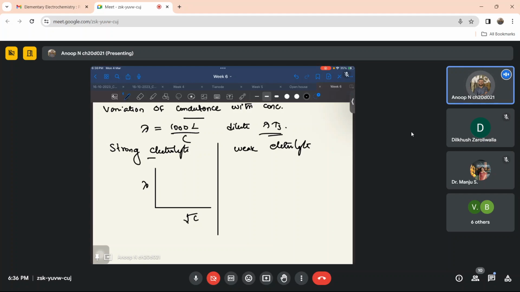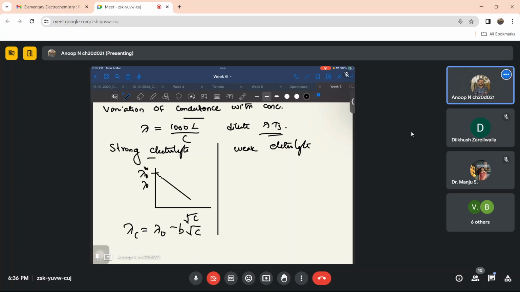As you already told, lambda increases with dilution. It will be a straight line like this, a linear one. If we extrapolate it to the y axis, we will get lambda 0, that is lambda 0 at infinite dilution. For a strong electrolyte, we have the relation lambda C is equal to lambda 0 minus B root C.